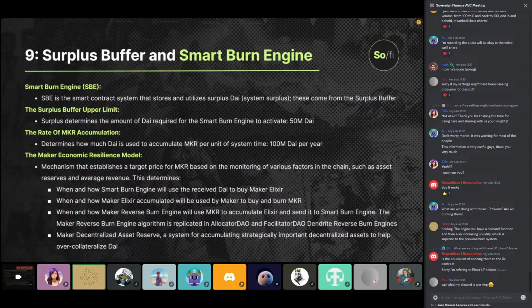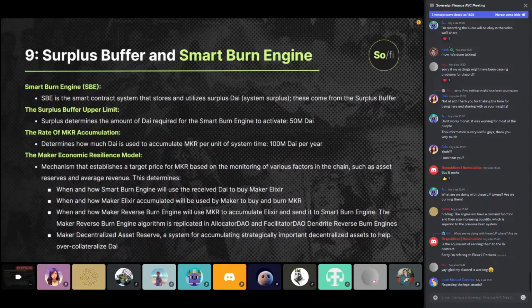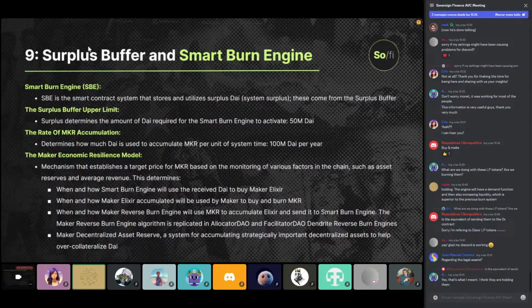Yeah, sure. I will take this one. Essentially, the surplus buffer accumulates all the stability fees and also positive cash flows from different sources such as liquidation penalties or trading fees inside the PSM, and also obviously inflow from the real world assets.